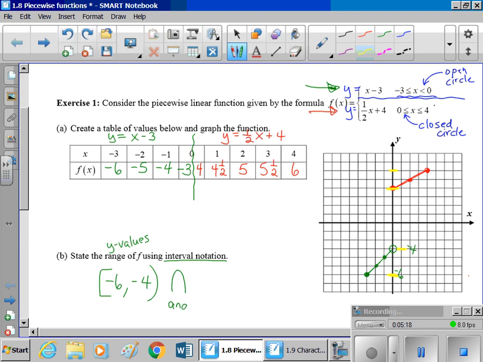Basically, this means and, and you could very easily also write the word and. And now we're going to consider the next part of our range, which is positive 4 to positive 6 inclusive, which means it includes the positive 4 and includes the positive 6. So that's how you would write the range of this crazy function.